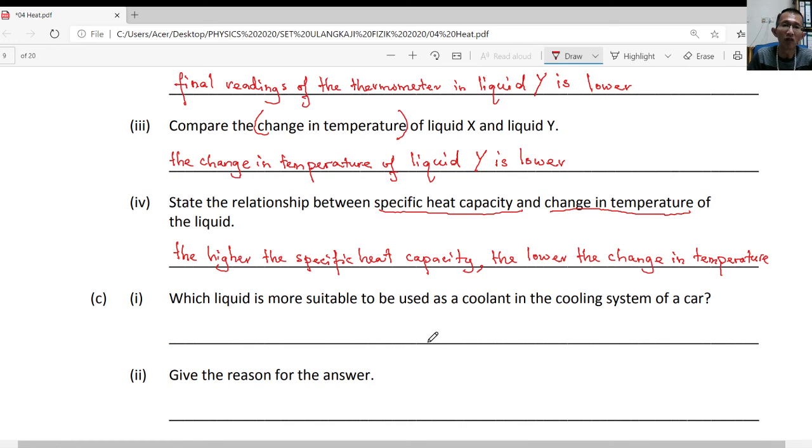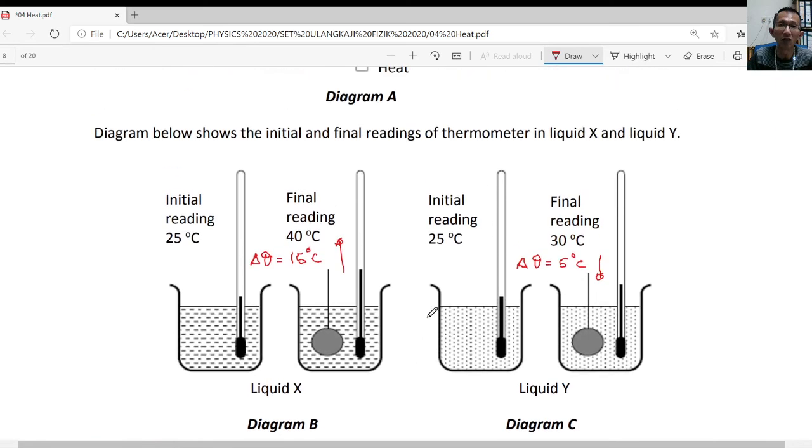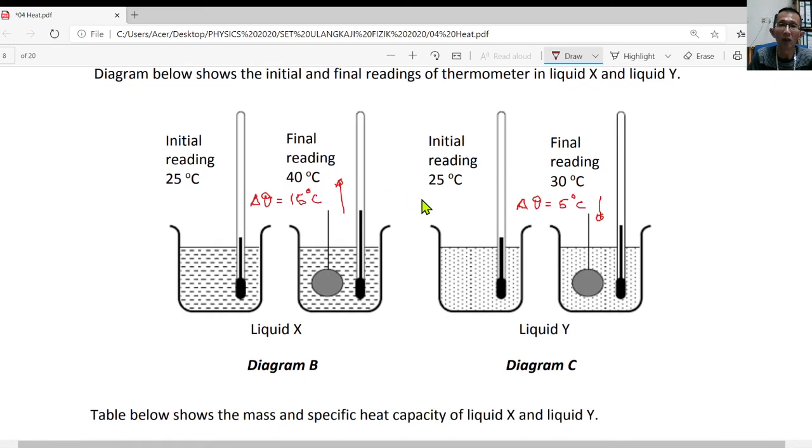So which liquid is more suitable to be used as coolant in the cooling system of a car? As a coolant, I don't want the liquid to increase in its temperature very easily. So between X and Y, which one will increase more difficult? Here increase by 5, here increase by 15.